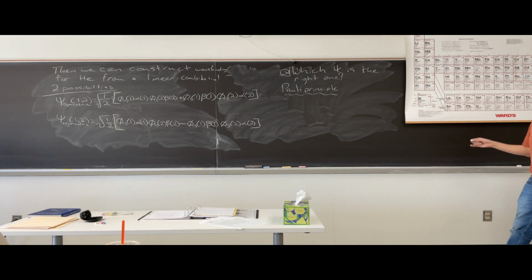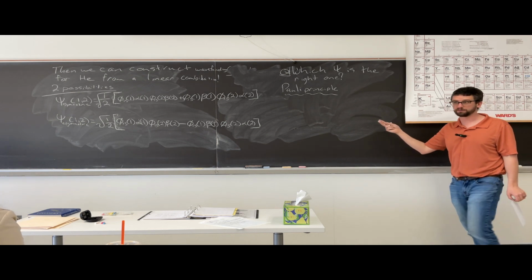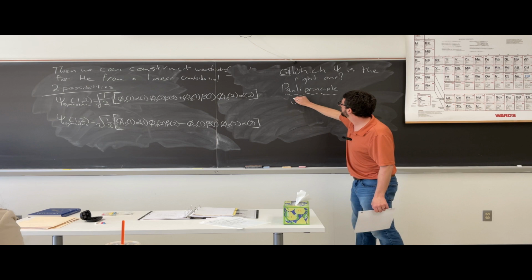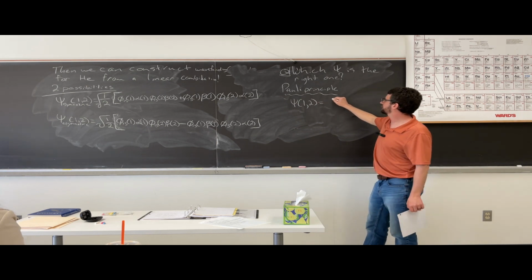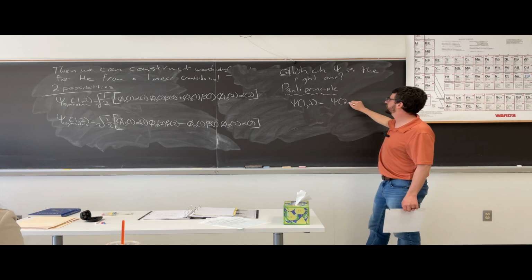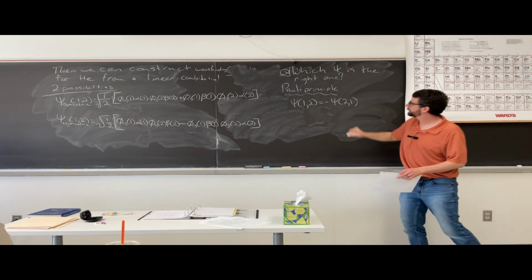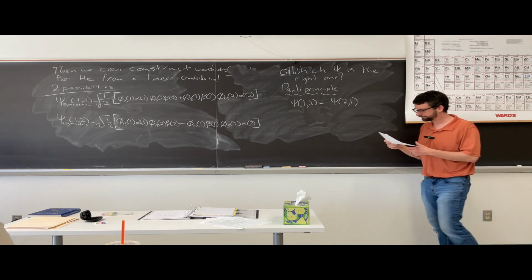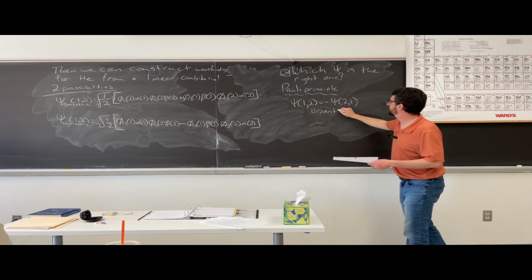Where it states that wave functions, if you change the labels, you get a negative sign. So if I had psi 1, 2, how is the relationship between 2 and 1? Yeah, that has to be true. That's known as antisymmetric.